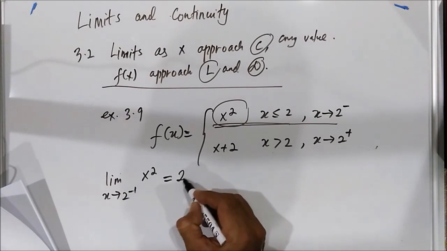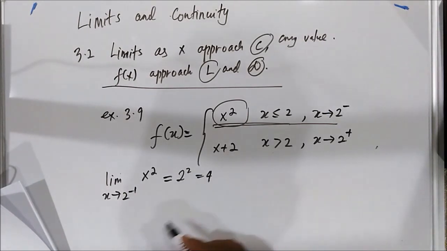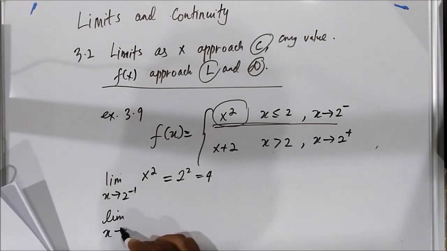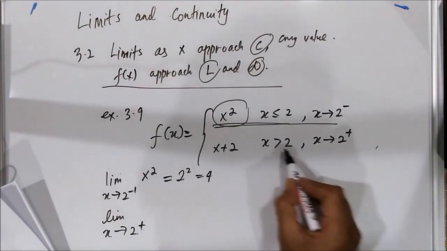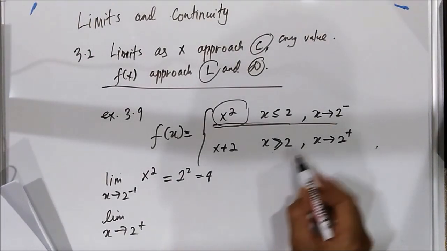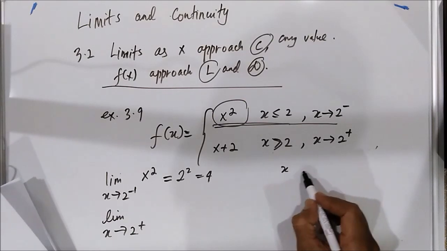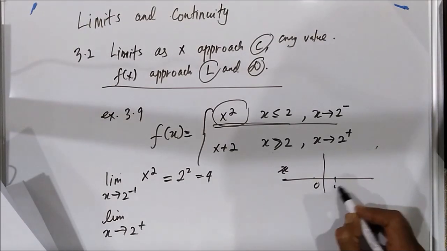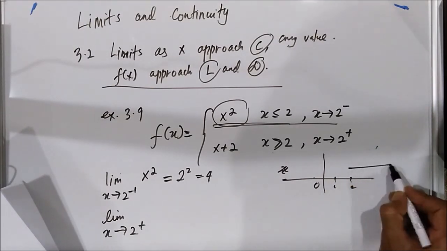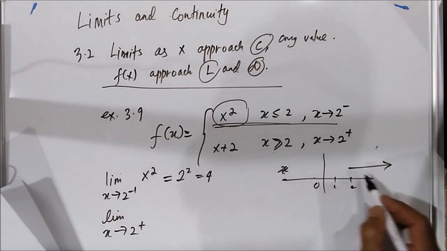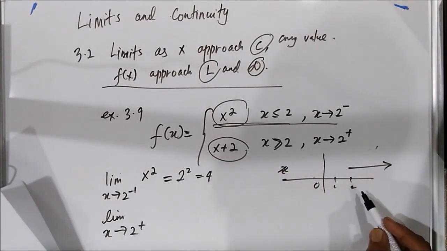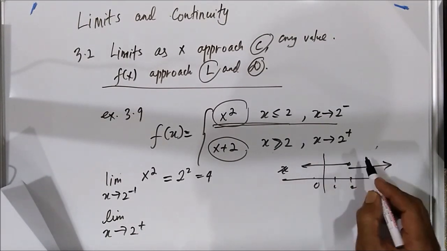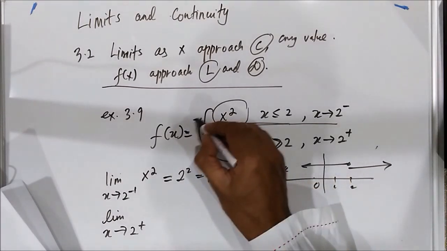So we get 2 raised to 2, which is equal to 4. Then the limit as x approaches 2 in the positive direction. x greater than 2 is the positive direction. If I have a graph here, with 0, 1, and 2, x greater than 2 is this part of the function. Now x less than 2 refers to this function.